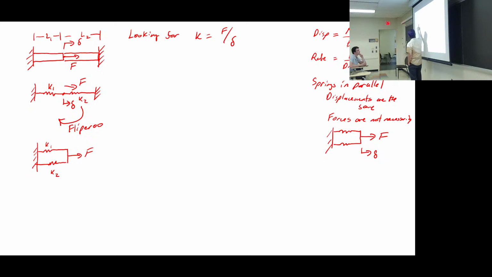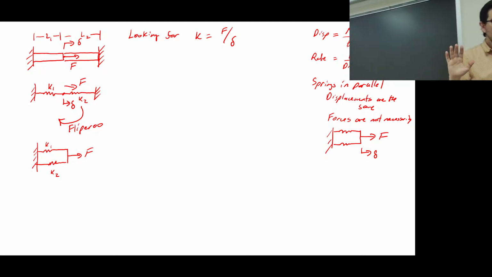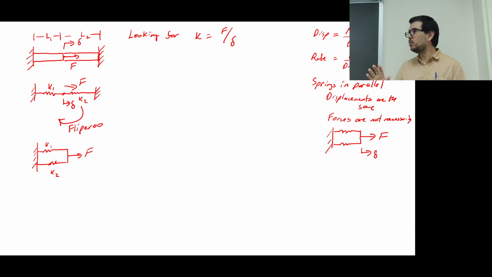It's still opposing the motion, is it not? In this case, spring 2 is applying a force to the left side, and it's proportional to the displacement.